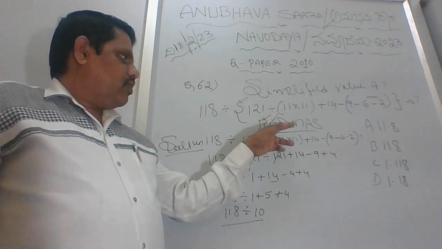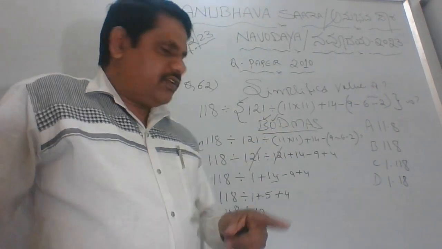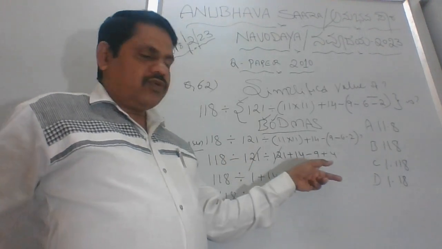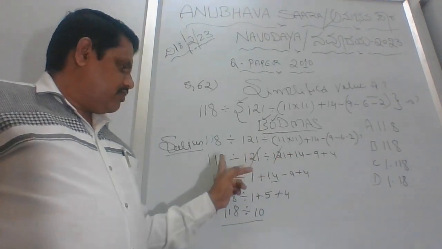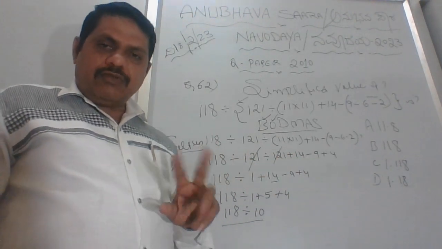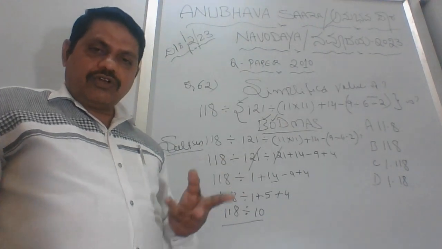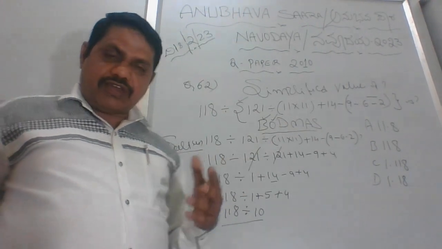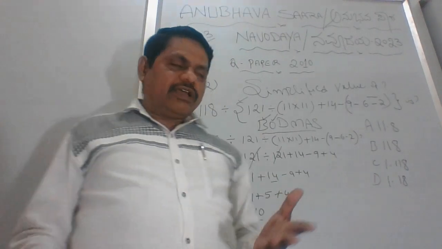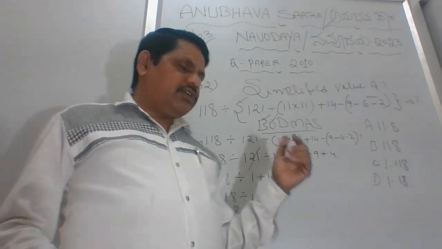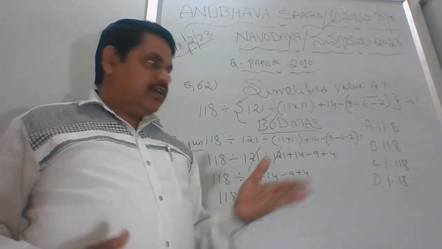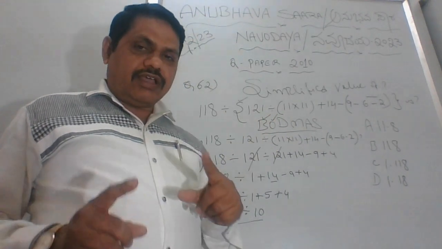Organized. Now I am coming to the next step, which is division. I am just saying where I can do the division. I can divide from this to this, but there will be a decimal, and I don't want to break my head because I don't have that much time. So what I am doing, I am just going with 121 divided by 121. That is why the question is very tricky, as I told you.